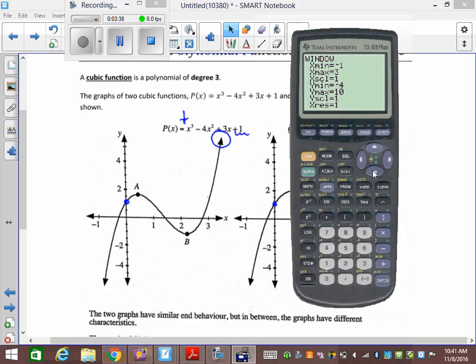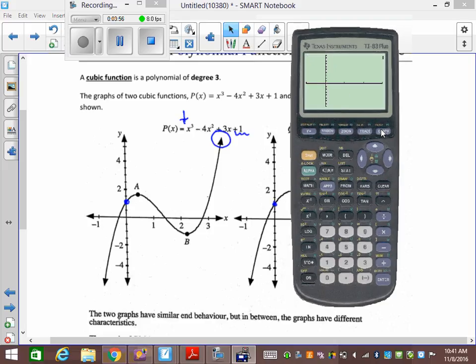And then y max would be 2, 3, 4, 5. And then they go up by 0.5s, right? Then press graph. So once you have your window to be the same window as what they have, then press graph. So theirs just curves up a little bit more. But okay? So that's how you can type them in to actually see them, correct? Okay.